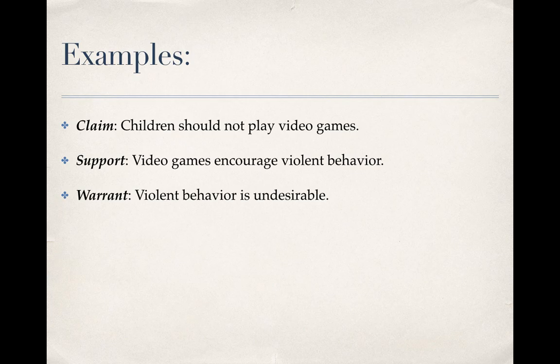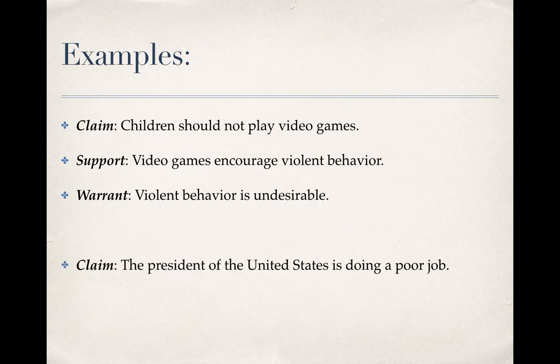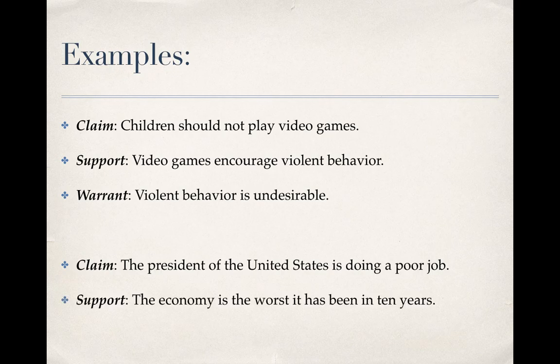Another way you can look at warrant, and I stole this example from your textbook because it's a really good one: the President of the United States is doing a poor job. So let's say someone makes that claim. And as support, they say the economy is the worst it has been in 10 years. So what are they assuming their audience believes?